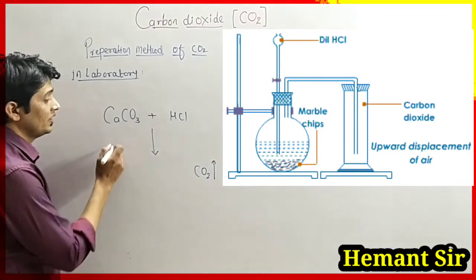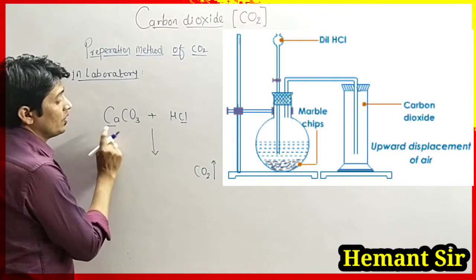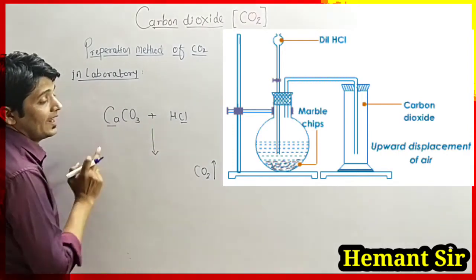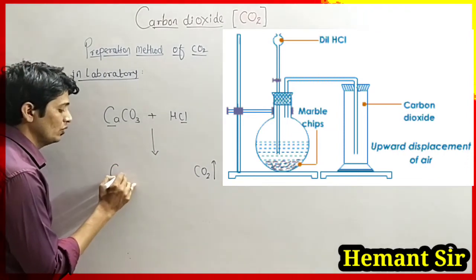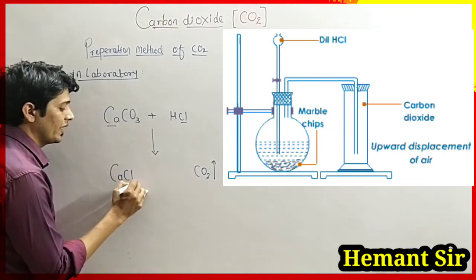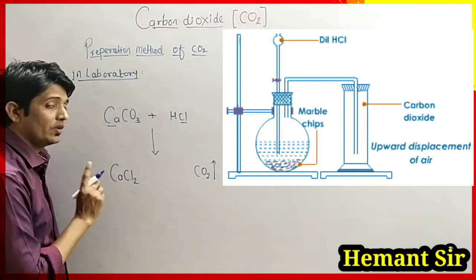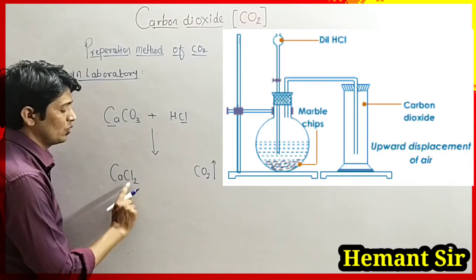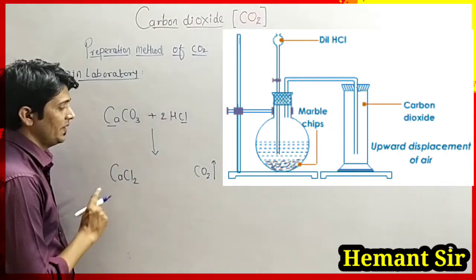Then see here, we have chlorine and calcium. They will react with each other to form calcium chloride. So here we have to write calcium chloride. The valency of calcium is 2, that's why 2 chlorine atoms will attach. So in order to balance chlorine, we have to multiply by a coefficient of 2.